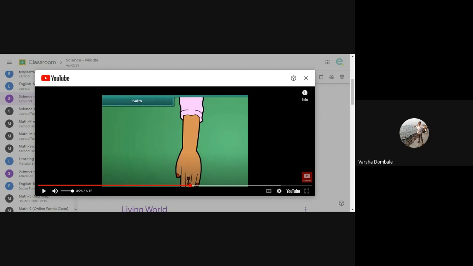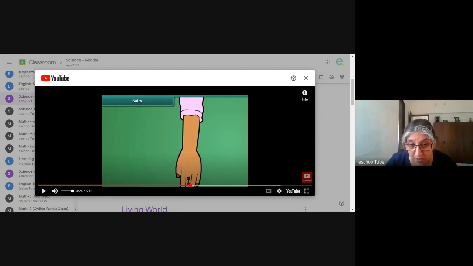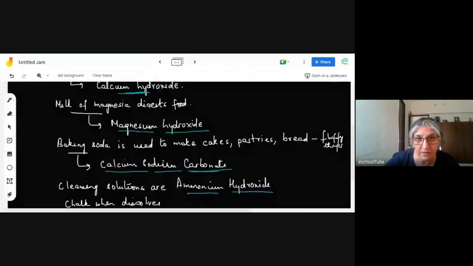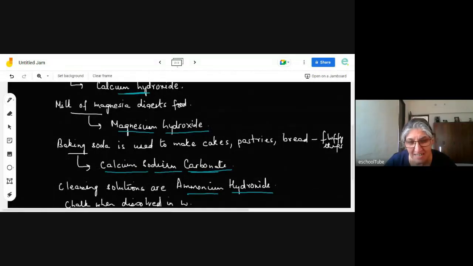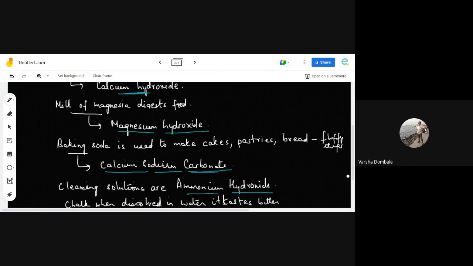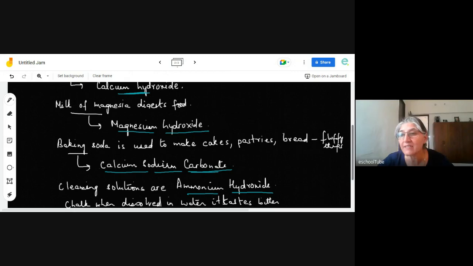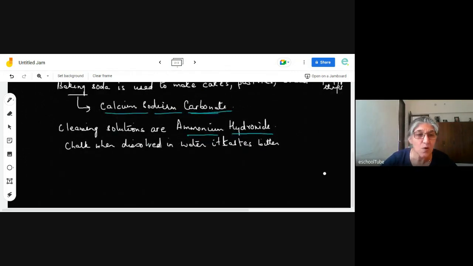It also dissolves in water. Chalk, when dissolved in water, tastes bitter. Try to taste a little bit, don't drink it. It is called calcium carbonate.